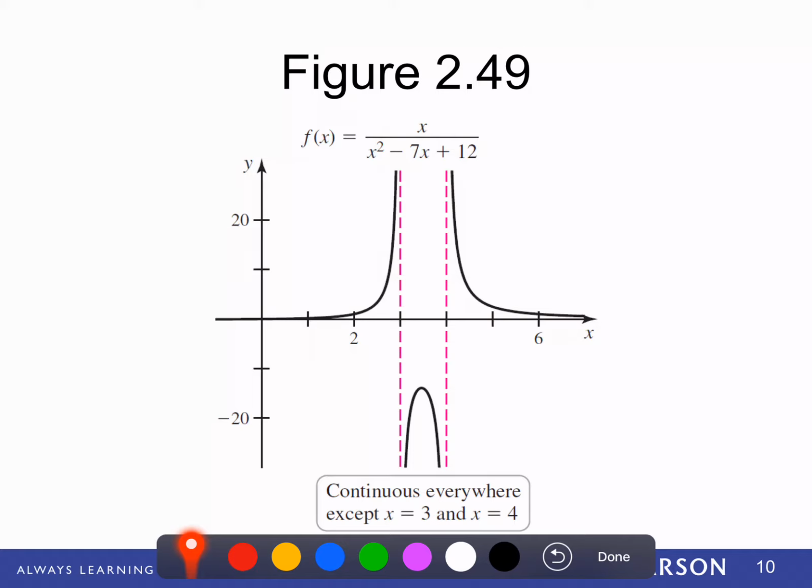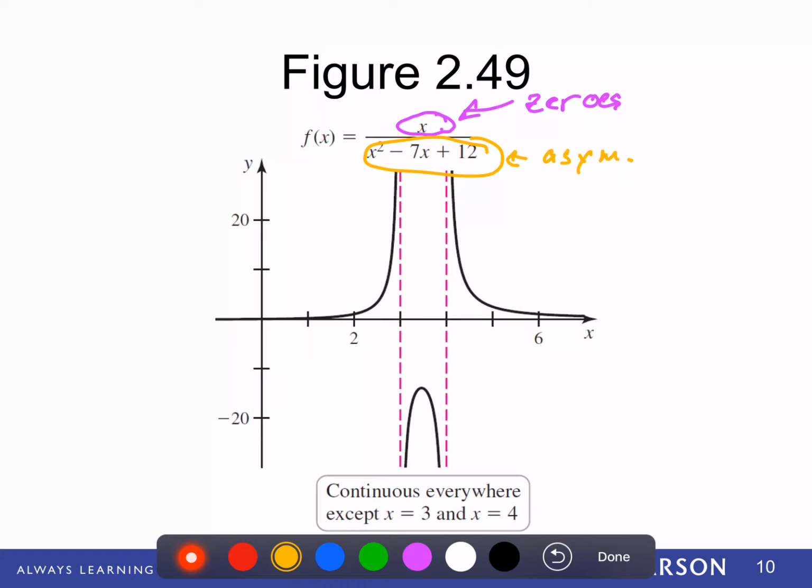The next slide is a good example of that. This is an example of a rational function. We have the quotient of this rational function along with this rational function. Quickly remember that the roots of the numerator give you zeros, and the roots of the bottom give you the asymptotes.